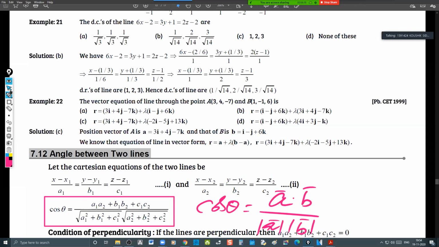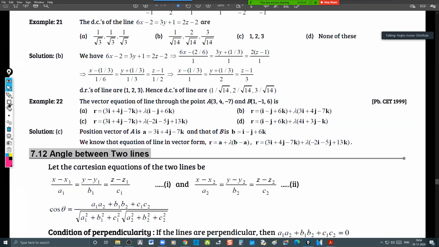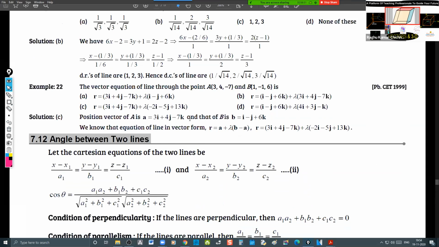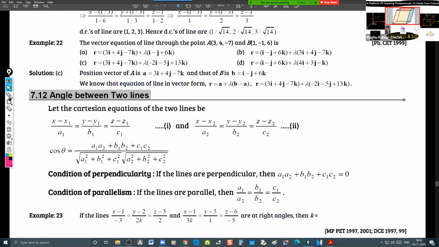Theta equals 90, then cos theta is 0, so A dot B equals 0. Whenever A dot B becomes 0, you can say that they are perpendicular. That's the condition for perpendicularity.